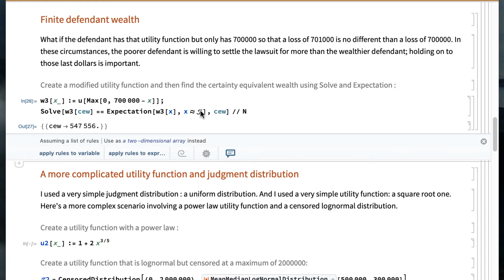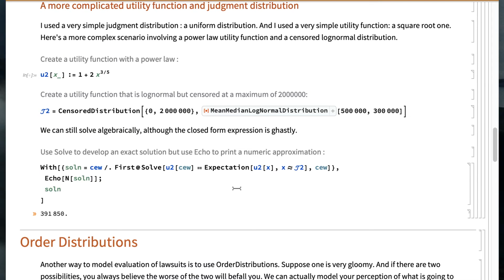That's the amount of money that our defendant would be willing to pay out in order to settle this lawsuit. They really want to cling to those last dollars, and so they're actually willing to pay a little more in order to avoid going bankrupt.